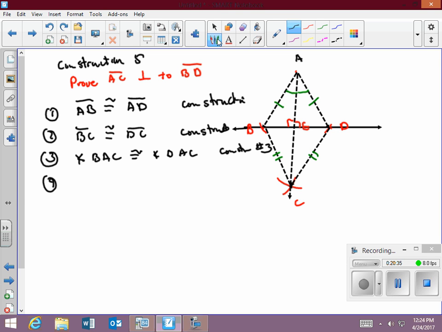I have to say that AC, I didn't have to do that angle bisector. I thought I was going to be able to get, I guess this is what I can do. I can say AC is congruent to AC, and that's reflexive property.